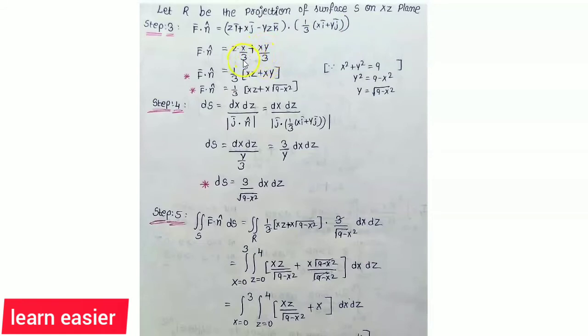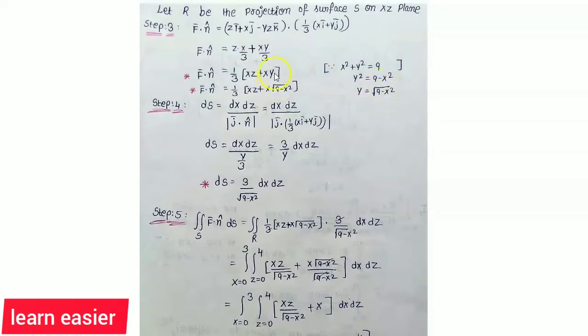Now let's take the common 1 by 3. After taking 1 by 3, we got f bar dot n cap is 1 by 3 into (xz plus xy). Now you can see here we have a y term, so let's replace this y term in terms of x. Since x square plus y square equals 9, y square equals 9 minus x square. If you take x square to this side, y equals square root of 9 minus x square.